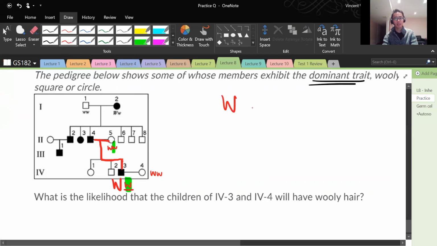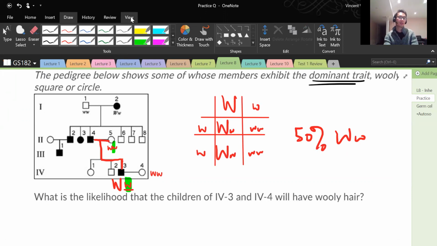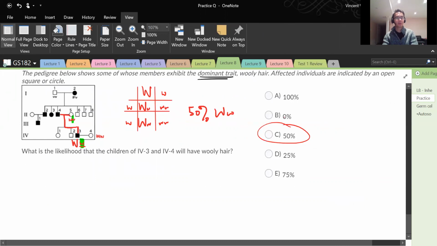So now if you take the big W, small w, and you cross it with the small w, you will see that there is a 50% chance their child will have the woolly hair. Okay.